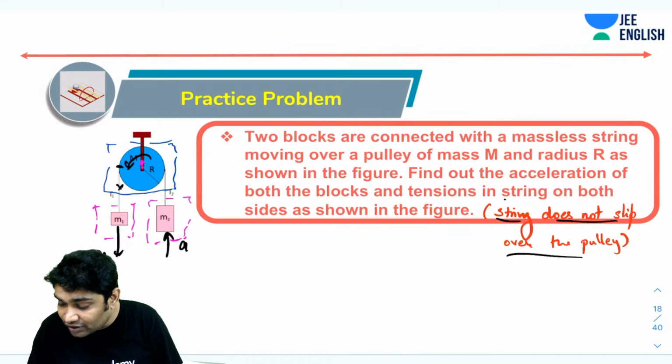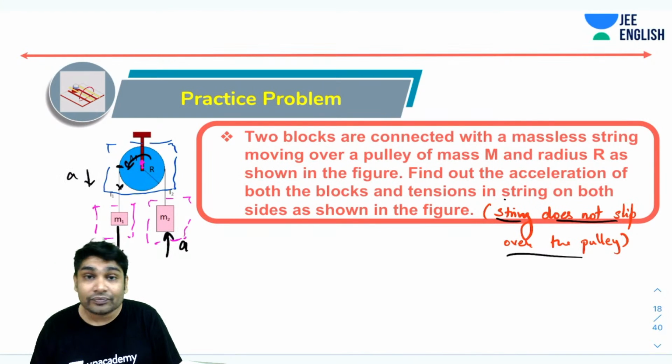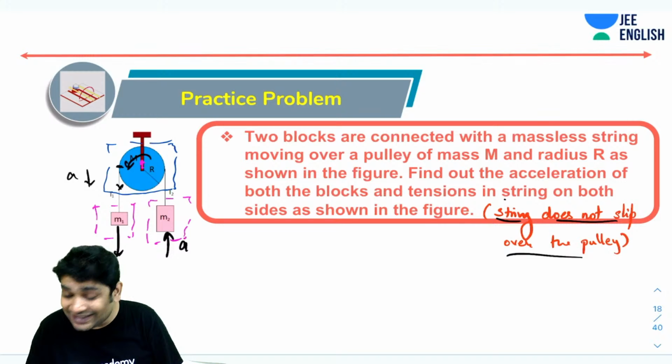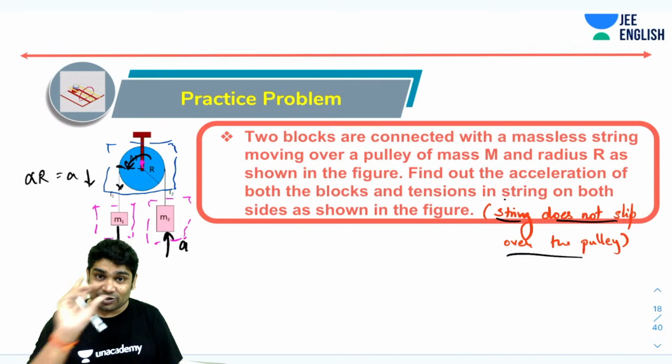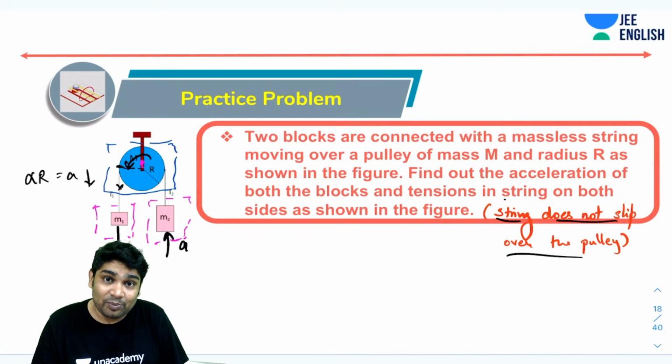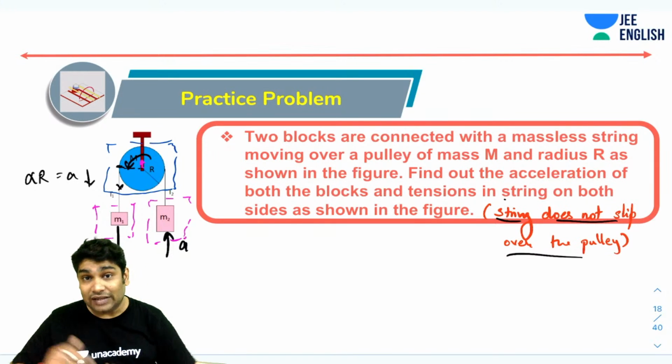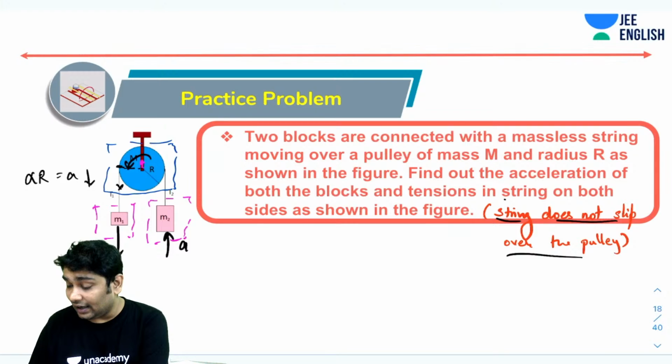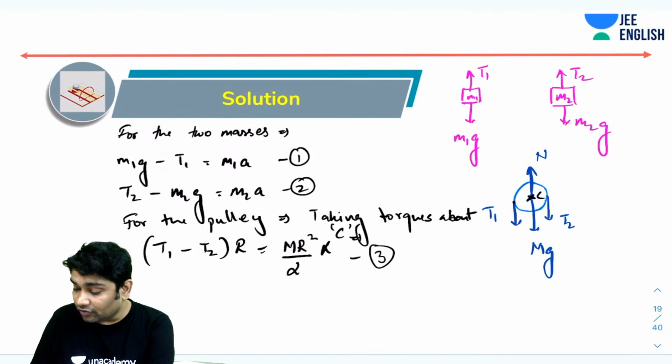This point of the string is going down with A, and if this pulley is rotating with alpha, then A is also equal to alpha R. Because this is also a part of the pulley, and the pulley's part will have a tangential acceleration, which is alpha R. So that is the relation between A and alpha. That is equation number 4: A equals alpha R.